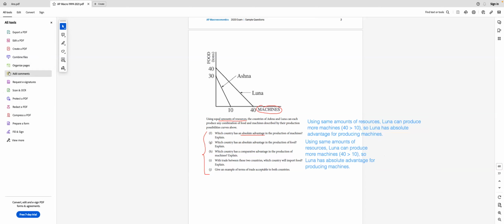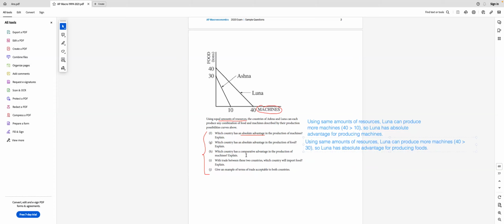Luna still has the advantage for producing food because 40 is greater than 30. So we just changed the number a little bit. Before, Luna had the advantage for producing machines, but this one is for producing food. This is the answer for question G.